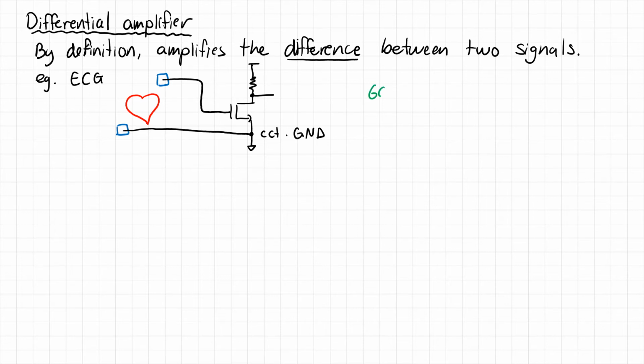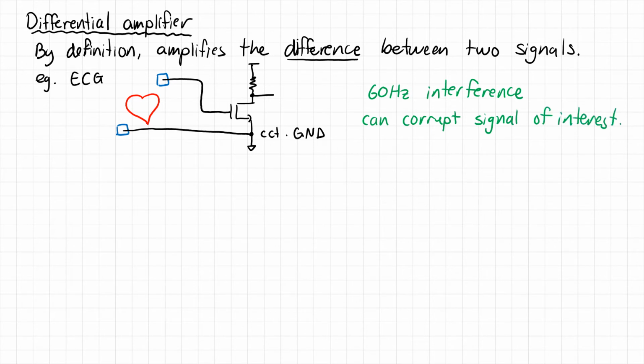So we can say that 60 hertz interference, which will likely couple either directly onto the ground node or onto your signal path, or one of the two, probably not both in the same way, can corrupt the signal of interest. In this case, ECG.